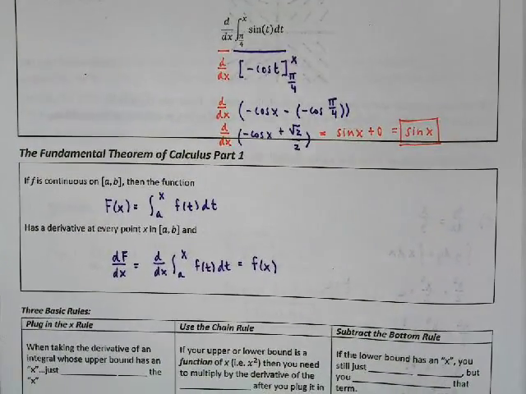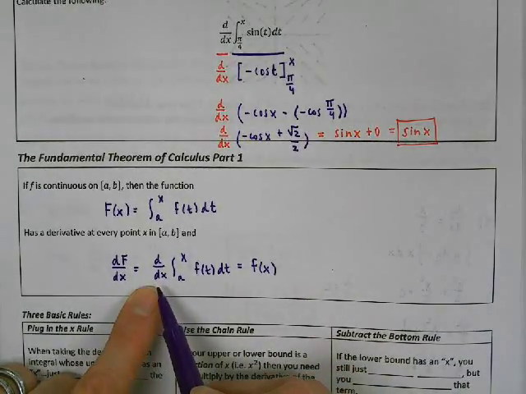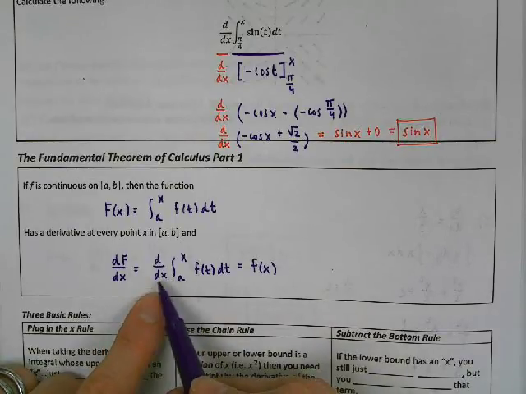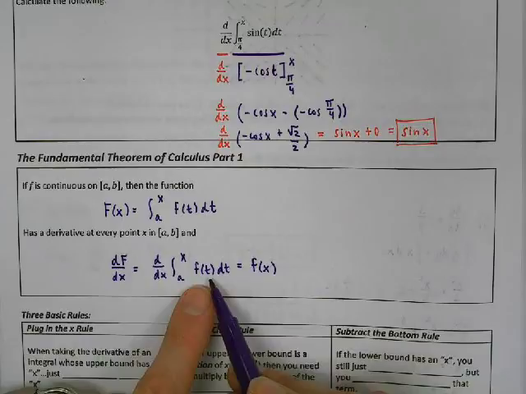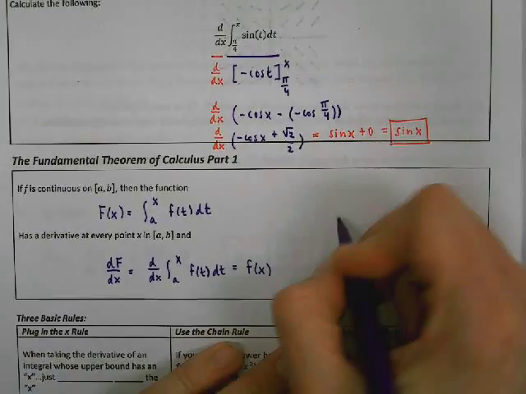So what we're saying here is that the processes of differentiation and integration are inverses. They undo each other. When I do this, I just end up with my original function evaluated at the upper limit of integration. Now there are a couple of conditions here, and we'll talk about that in a minute.